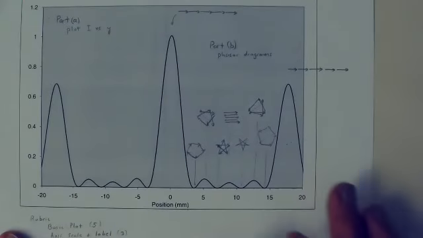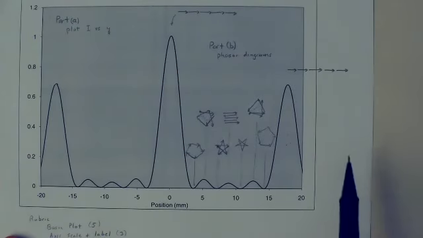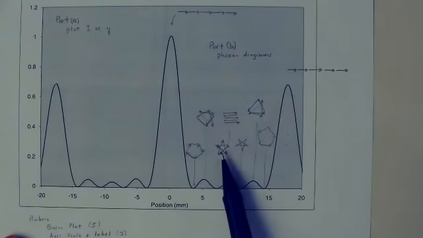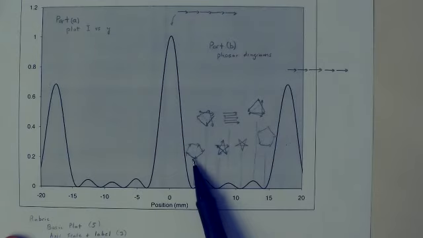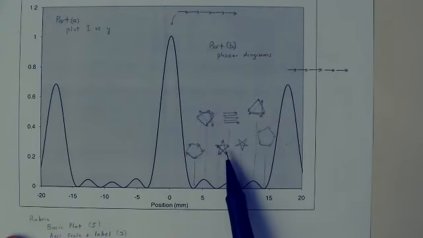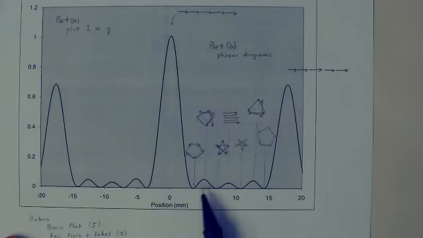Then for the phasor diagrams, that gets a little dicey. The minimums you should be able to draw exactly: a pentagon and a 5-pointed star. Those would be these two minimums, and those are exact.